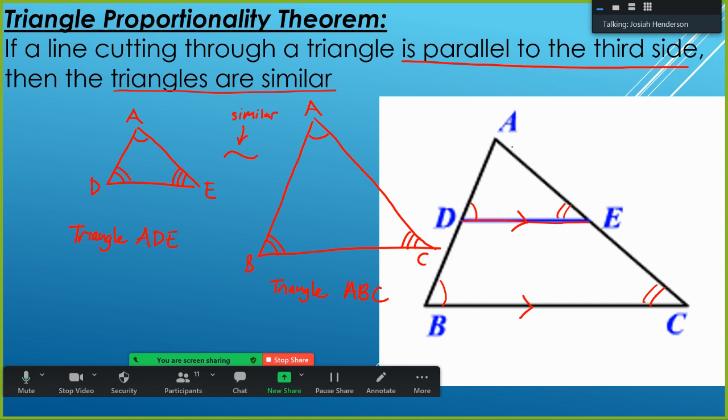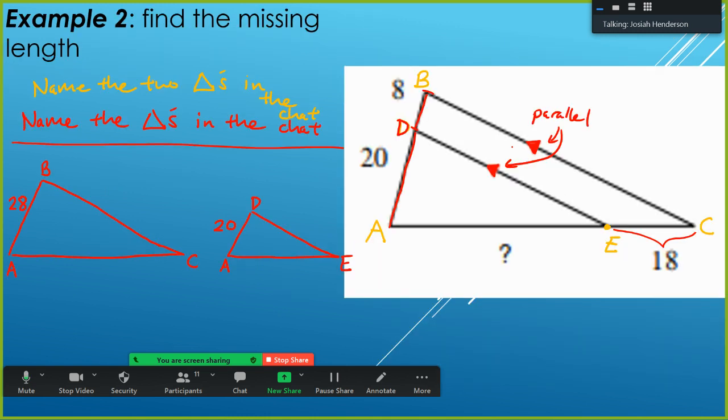It means the triangles are similar because the two lines are parallel. So we can use the 28 side and the 20 side to find the unknown AE. They want us to find AE. That's the unknown here. How long is it?